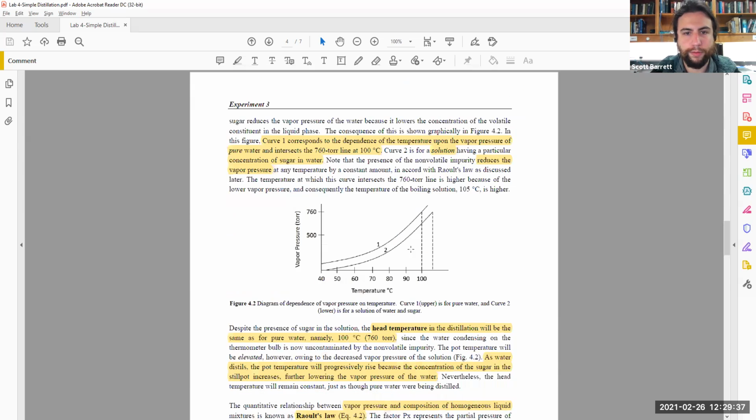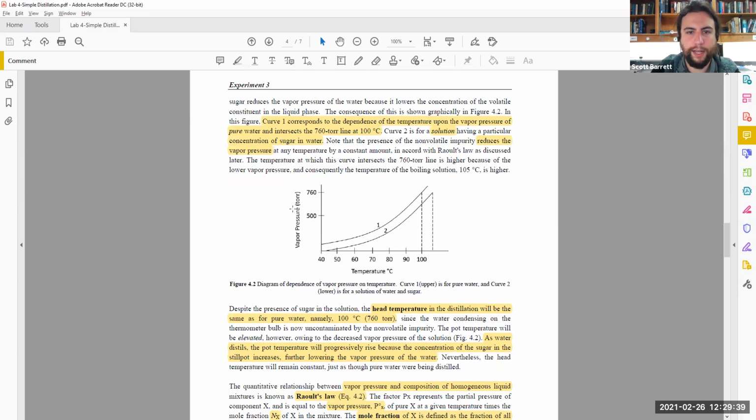So moving forward, we can see that they've created a graph for two different systems. Curve one corresponds to the dependence of temperature upon the vapor pressure of pure water and intersects the 760 torr line at 100 degrees Celsius. As we know, water boils at 760 torr. Remember, 760 torr is 1 atmosphere, at 100 degrees Celsius.